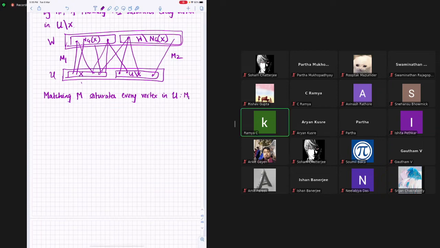It's the set M1 union M2, right? So you just put together both the matchings, like paste the two matchings, and you get a matching. So the observation is that the edges in M1 and M2 are vertex disjoint.